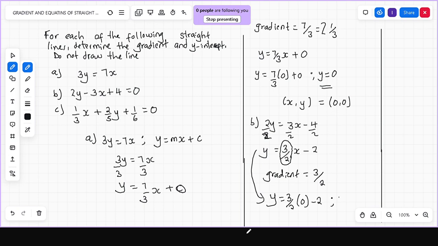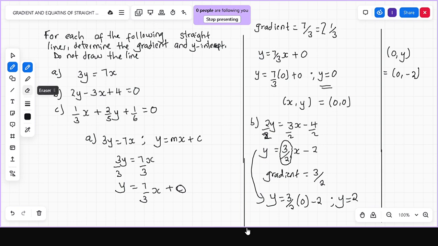So the value of y is equal to negative 2. The coordinate of the y-intercept is x, which is 0, comma y, which is 0 comma negative 2. So y here is equal to negative 2. That is part B.